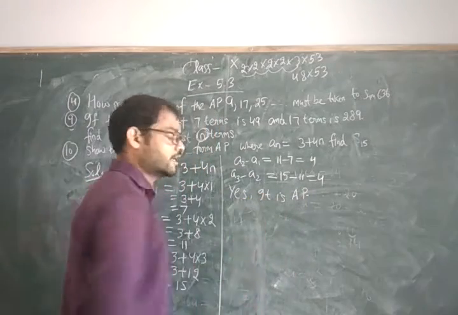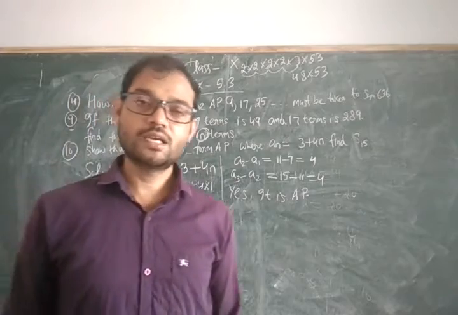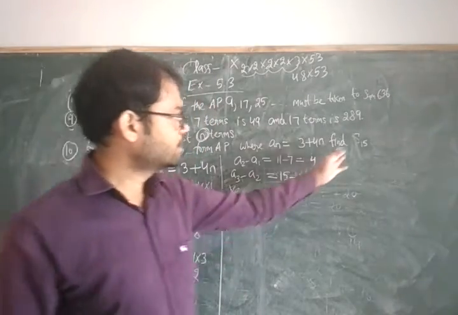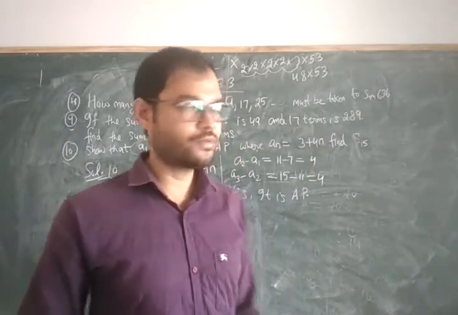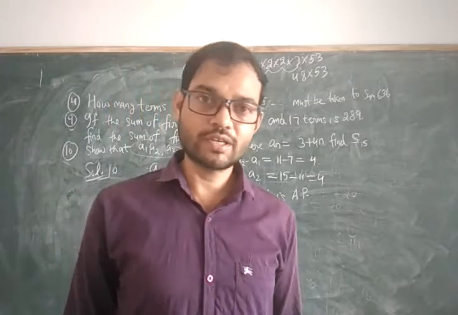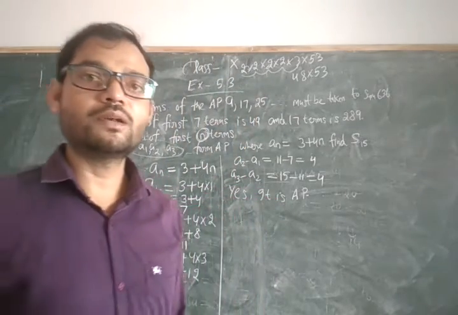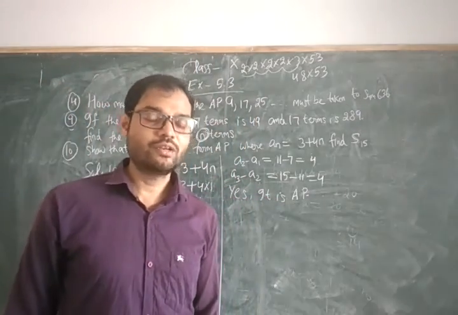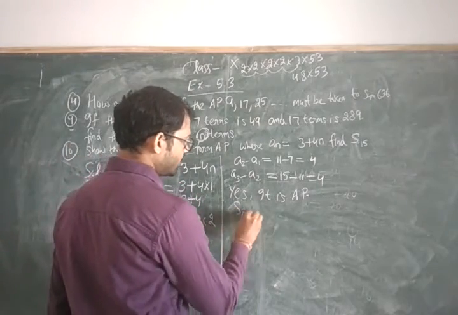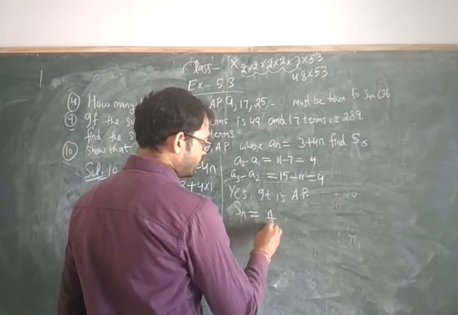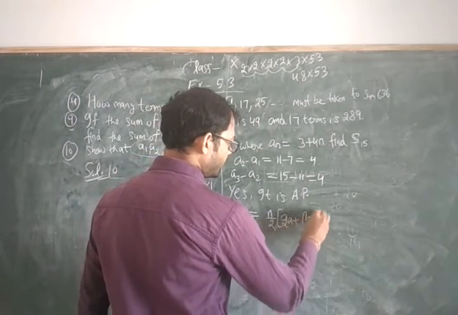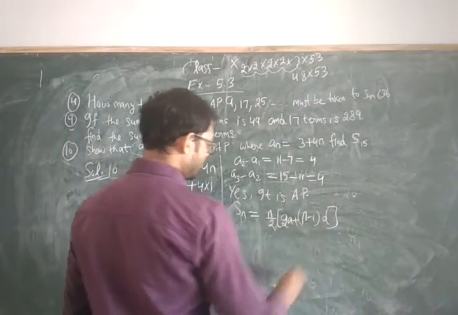ये आपके पास क्या आ गया, AP आ गया कि ये आपकी एक AP है। ओके, AP है तो आप इजीली इसका सम फाइंड कर सकते हैं। फाइंड S15, जो आपने फाइंड करना है कि आपने S15 फाइंड आउट करना है, तो उसके बाद आपने कौन सा फॉर्मूला लगाना है, yes we will apply the formula Sn. So you have Sn formula is as n upon 2a plus n minus 1 d.